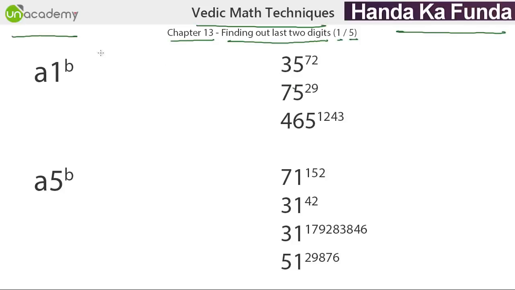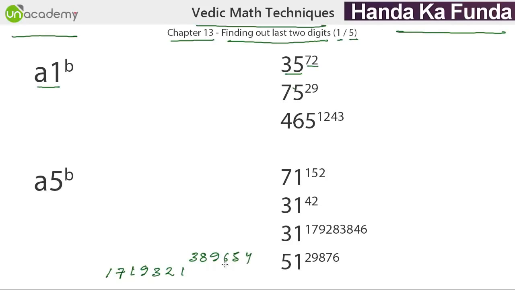Now, the first thing that I like to tell you, when you are trying to figure out the last two digits of something raised to the power of something, the most important idea is that only the last two digits matter. What I'm trying to say is, 17193 to the power of 3, 8, 9, 6, 5, 4.